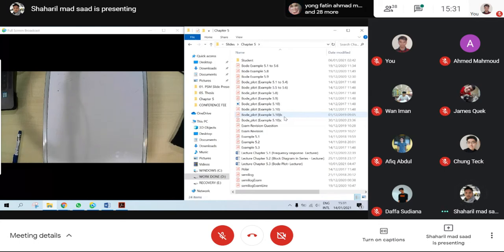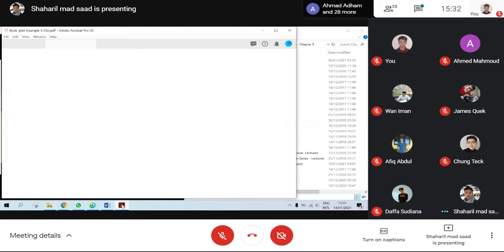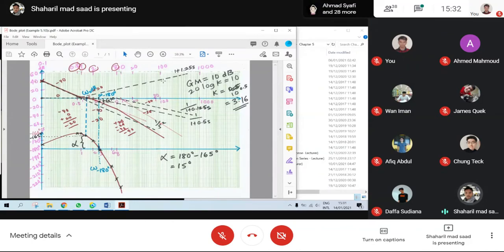So everybody agrees that the Bode plot is quite difficult to draw, because you need to use the approximate asymptote guideline like this. Anyone? No answer.